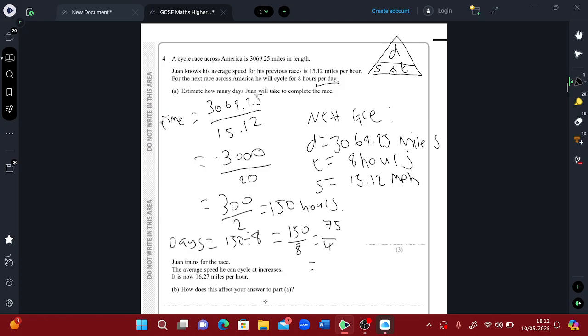Okay, so roughly we know that 80 is 4 times 20, so 76 is 4 times 19. So it's going to be 18.75 days. Well, actually, if we round up, that's going to be 19 because he's not going to finish on 18 days.